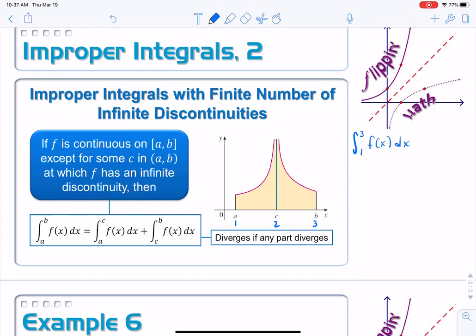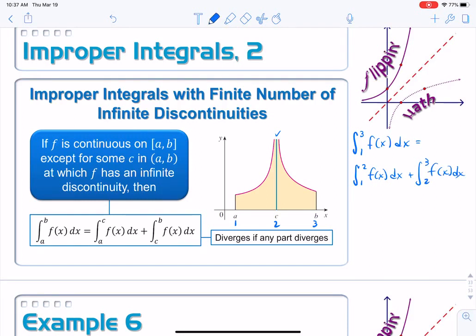Without some investigation, I wouldn't have known that it was improper. Oh, I see the graph. It does have a vertical asymptote right here at 2, so I need to break this up as two separate integrals. I'm going to break it up as the integral from 1 to 2 of f of x dx plus the definite integral from 2 to 3 of f of x dx.